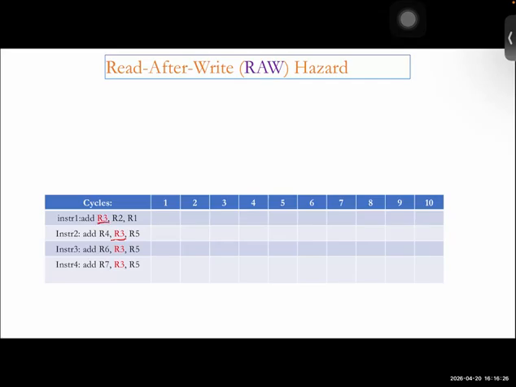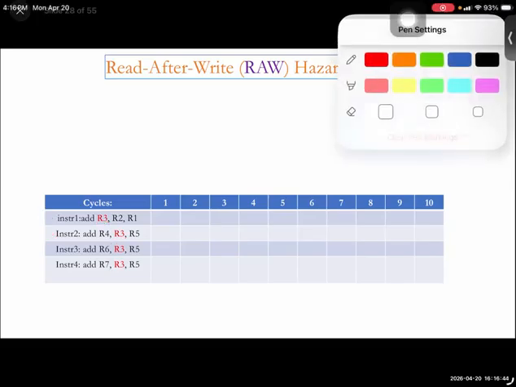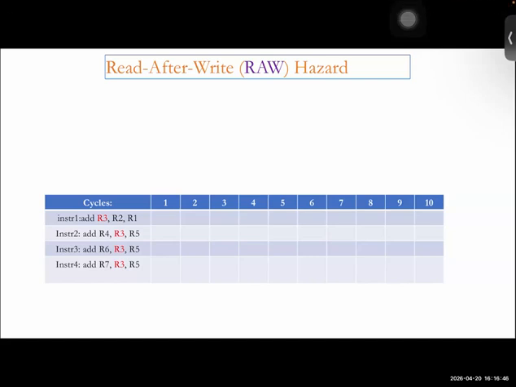So before instruction 1 finishes, if instruction 2 tries to read the value from R3, a wrong value will be given, right? So let us look at the pipeline for execution, because it is a parallel execution.